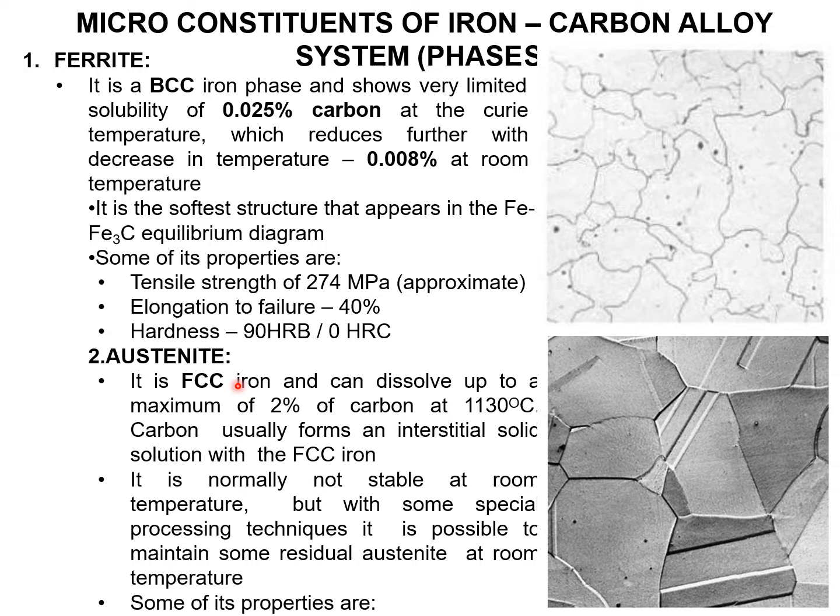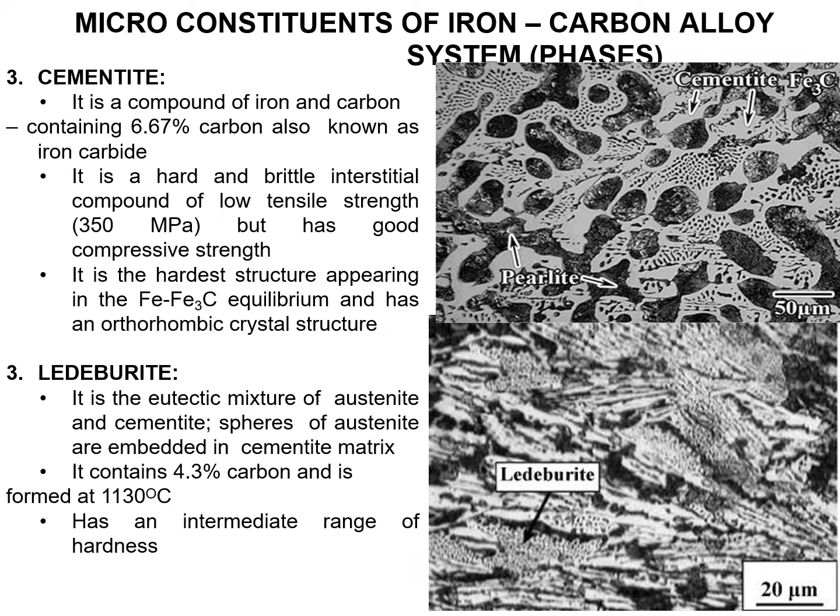And the austenite is available in FCC form at 1130 degrees centigrade. Then cementite: the cementite structure looks like this. It is a nodular structure, black in color, and it has 6.67 percent of carbon.